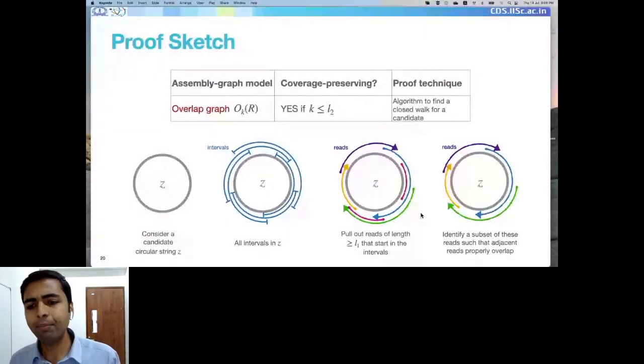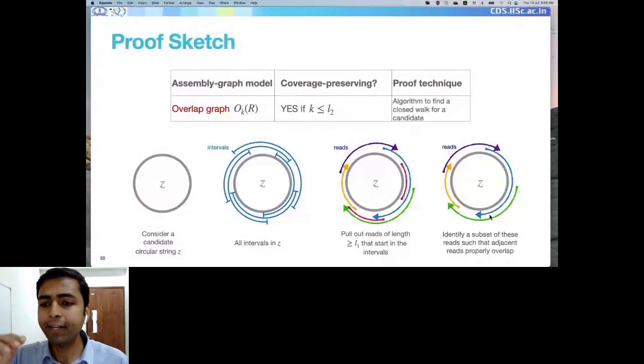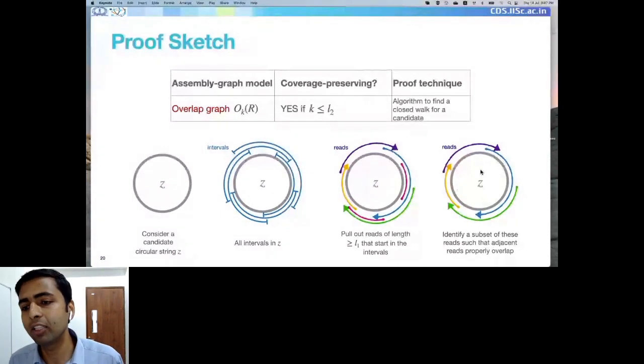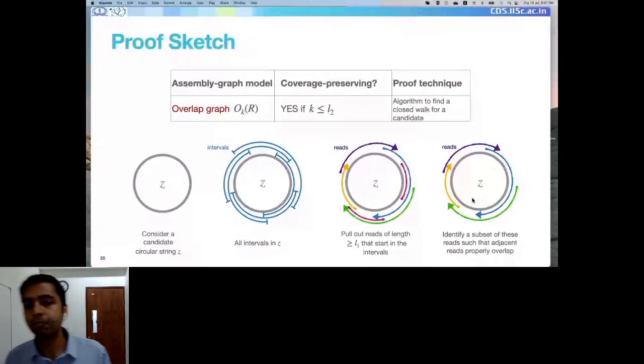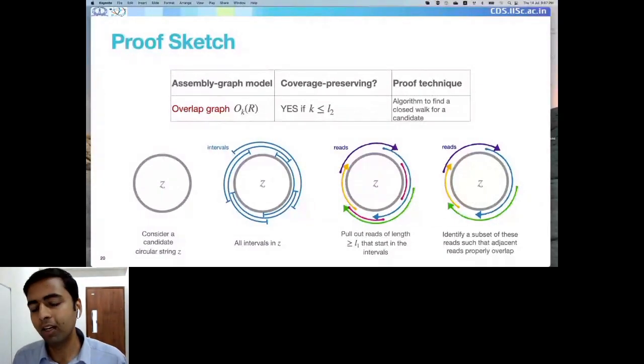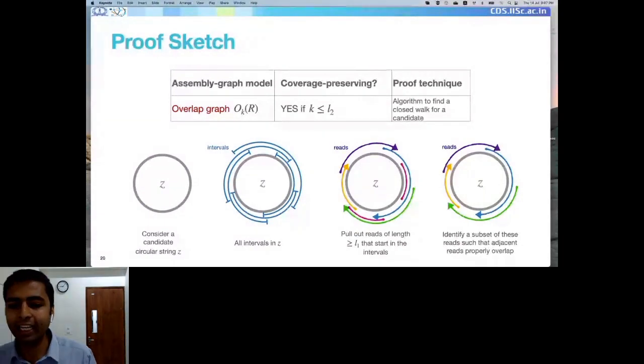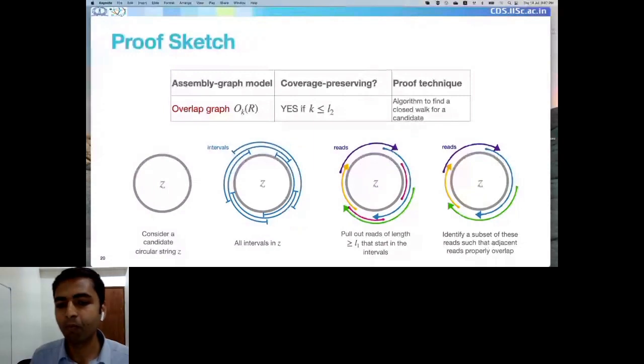And from them, I'll carefully identify a subset of these reads such that adjacent reads have suffix prefix overlaps, and they are guaranteed to form a closed walk in my graph, which will spell the circular string Z. A more formal detailed proof is available in the preprint, but here is just a high-level sketch of how the proof works.